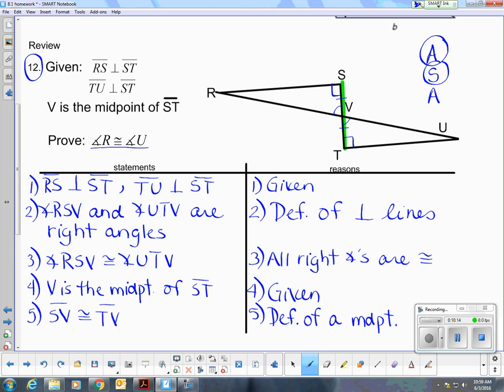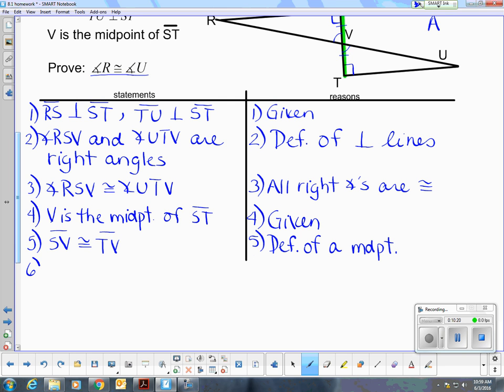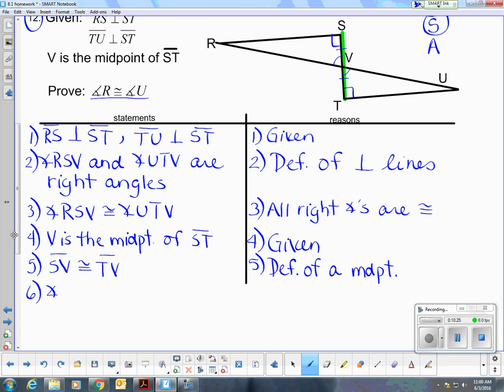Pair of congruent sides. VAT stands for vertical angle theorem, vertical angles. And what we know about vertical angles is vertical angles are congruent to each other.